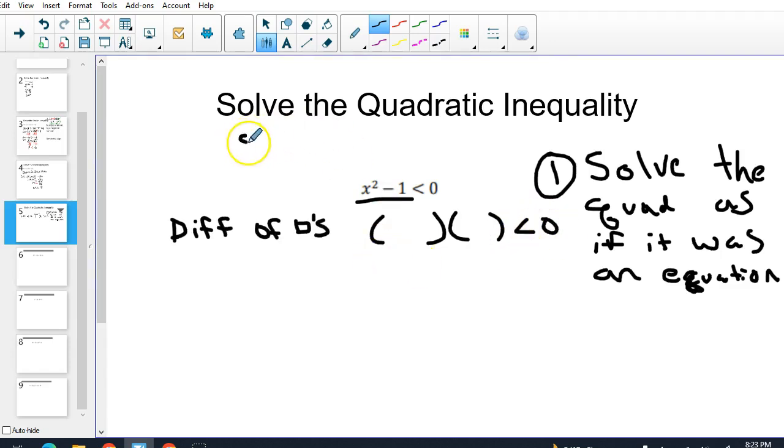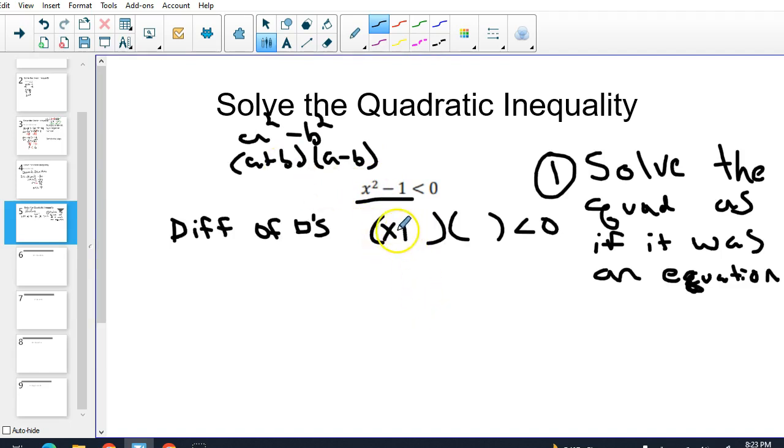As a reminder, our difference of squares: if I have a squared minus b squared, then I can factor this into a plus b times a minus b. In this case, our a squared is x squared, so the square root of x squared gives me x.